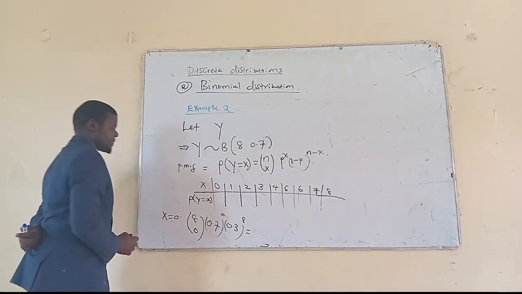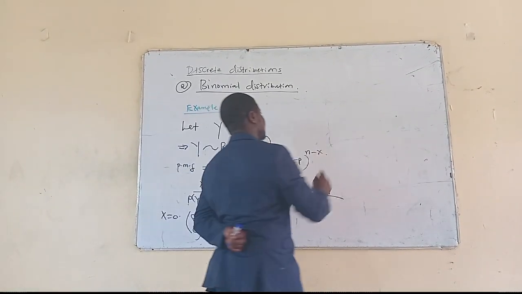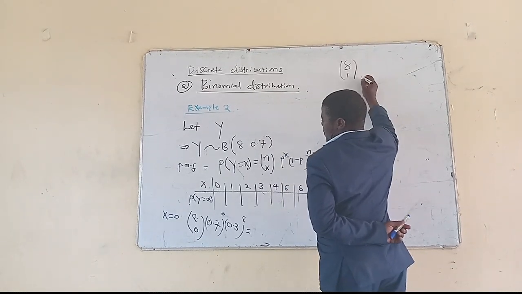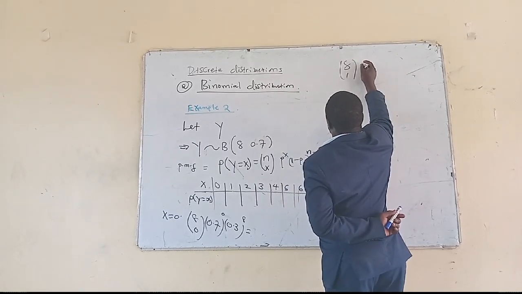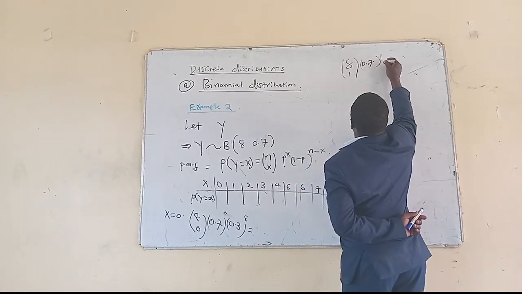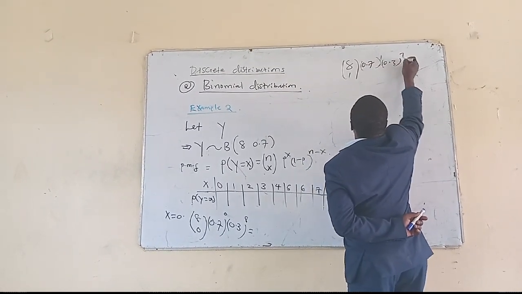The next one, you have 8 combination 1, 0.7 raised to power 1, 0.3 raised to power 7.